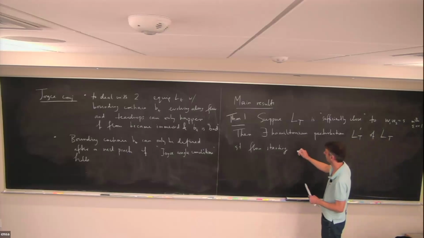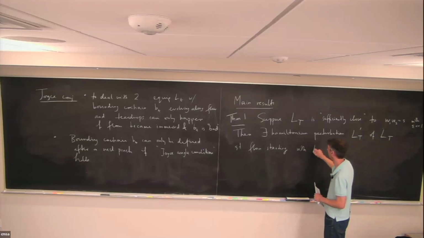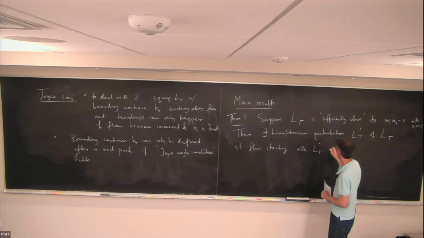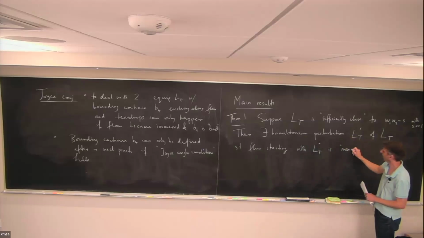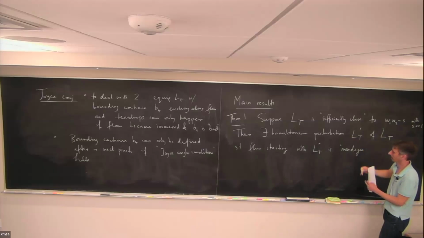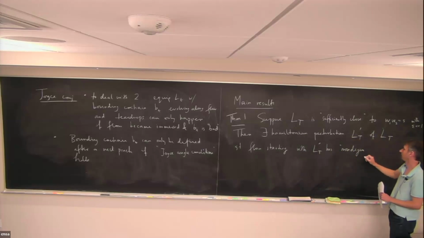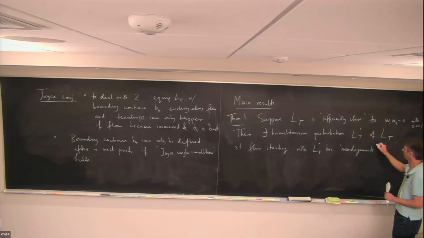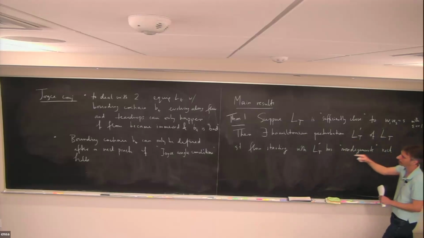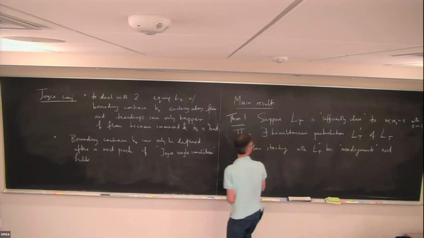Okay, so then the flow starting with this perturbation has a non-degenerate neck pinch, which satisfies this Joyce condition.